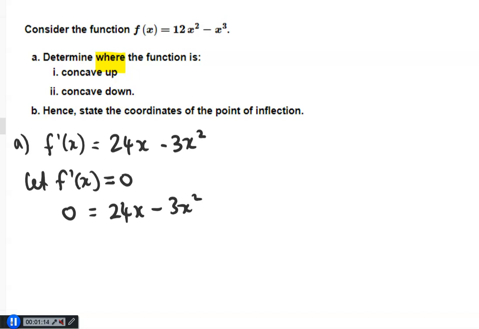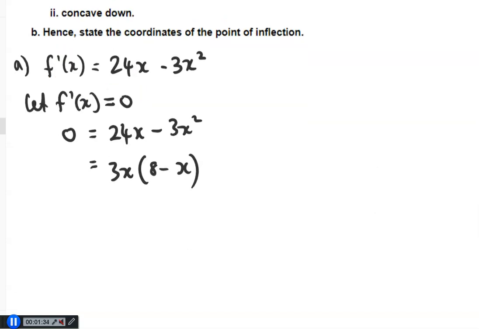How do I solve that, ladies and gentlemen? What do I have to do first? Factorise in order to use the null factor law. Okay, so common factor of 3x, leaving me with 8 minus x. Now we can use the null factor law.